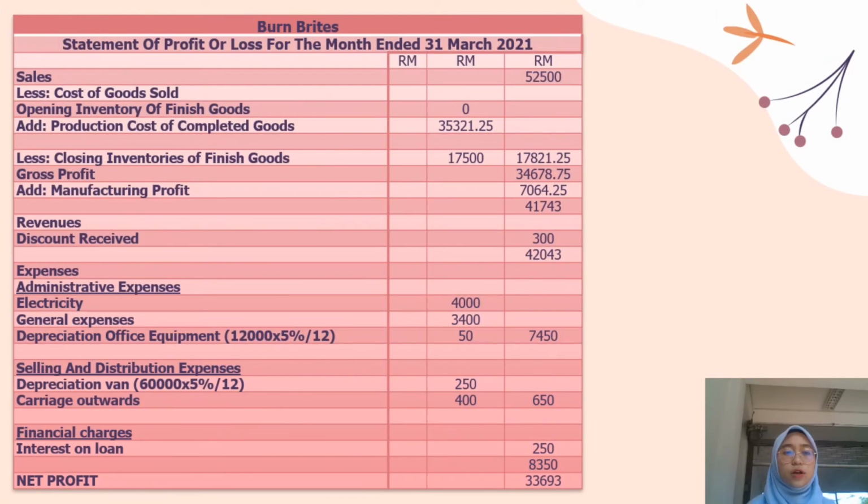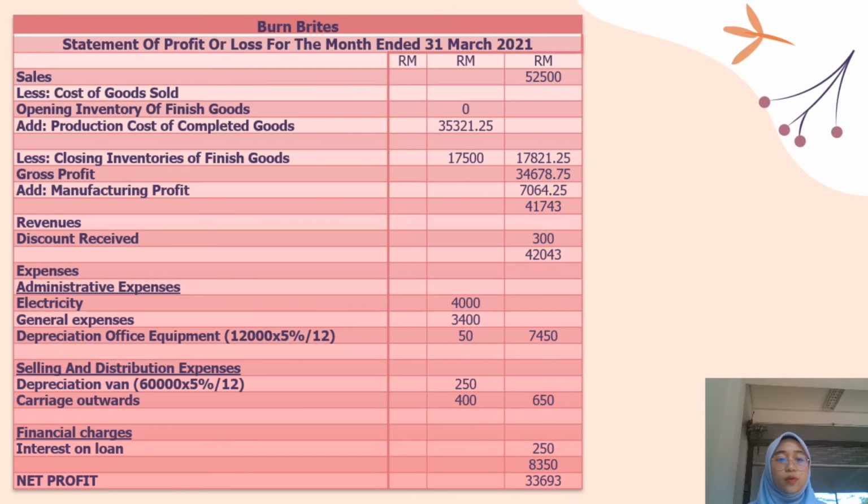So for our statement of profit or loss for the month ended 31st March 2021, we managed to achieve sales of 52,500, and after that we minus cost of goods sold, add production cost of completed goods, and minus closing inventories of finished goods, and then we get our gross profit of RM34,678.75.